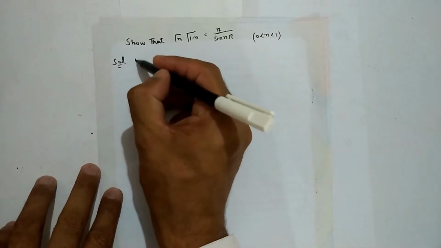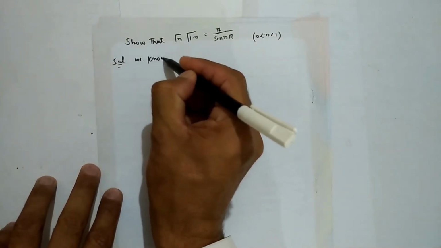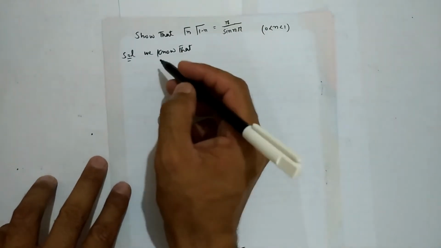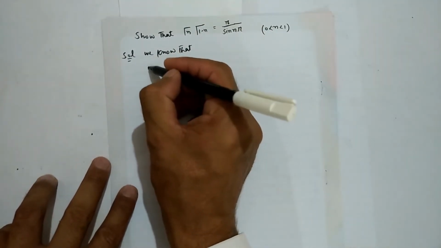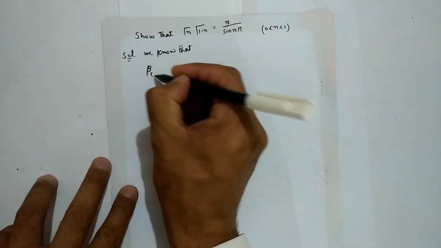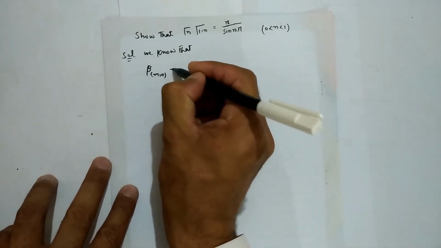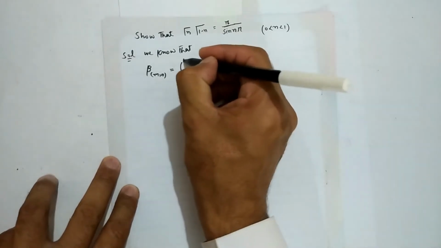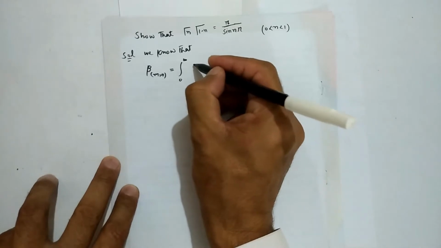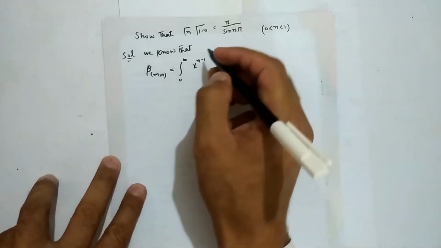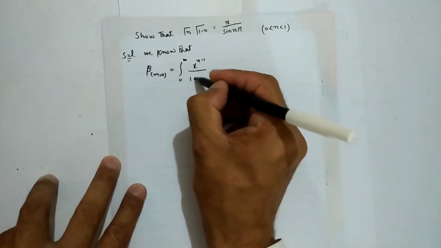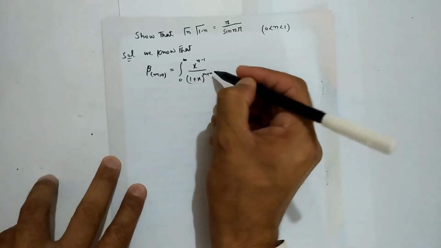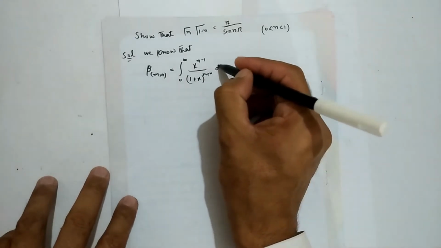So we know that by the properties of beta function, beta mn is equal to integral from 0 to infinity x to the power n minus 1 upon 1 plus x whole to the power m plus n into dx.